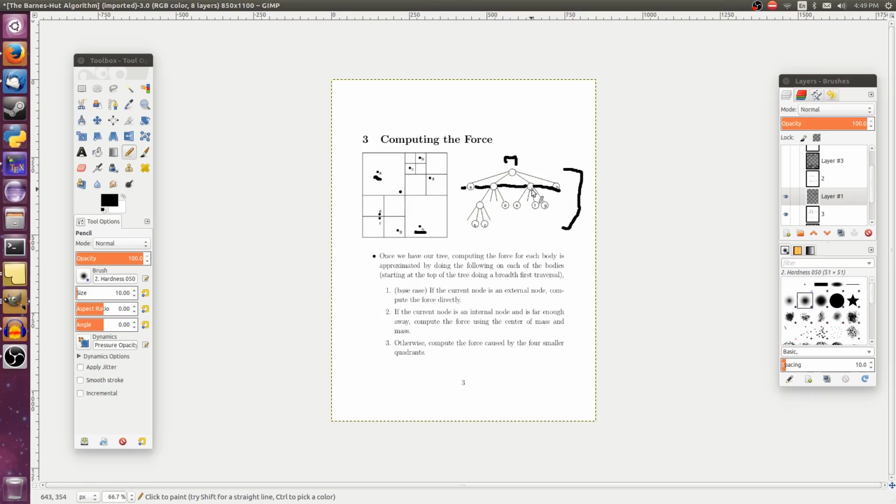And on this node, so let's say the center of mass of E, F, and G, if that's far enough away from A, which let's just say it is, then we're going to approximate the force caused by E, F, and G by using the center of mass and the mass of E, F, and G. So if we do it this way, then we never have to compute the force caused by E, compute the force caused by F, or compute the force caused by G. So here you can kind of see that we're actually saving time here.